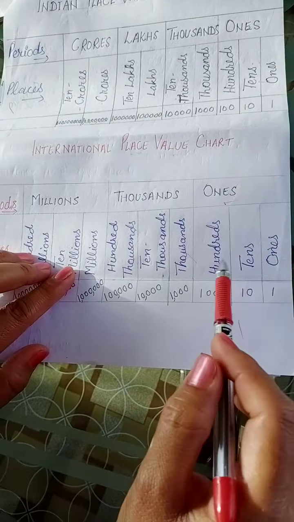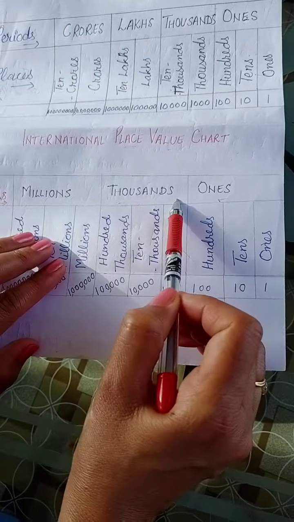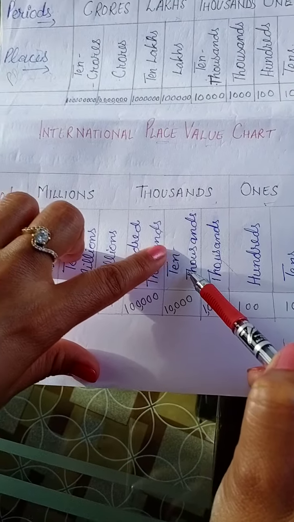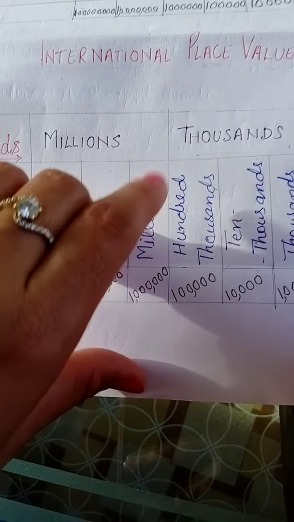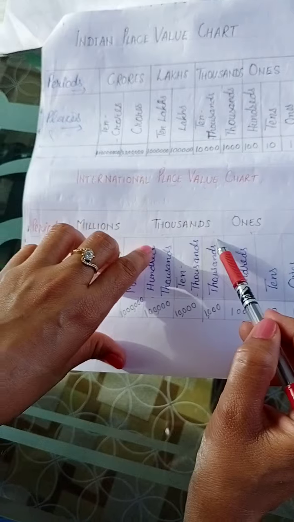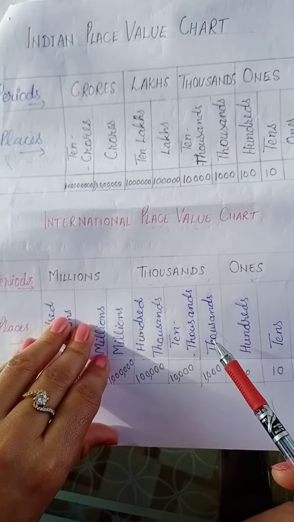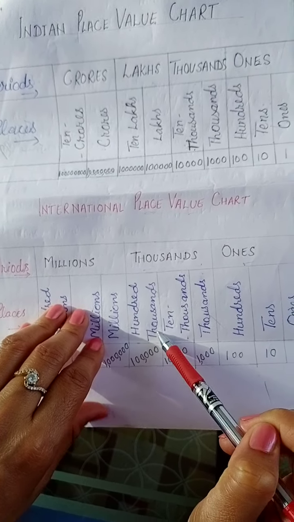Under this period you have three places. Now second is the thousand period, under which you have 1,000, 10,000, and another place called 100,000s. So in the international system of numeration, under the thousand period you have three places: thousands, 10,000, 100,000.